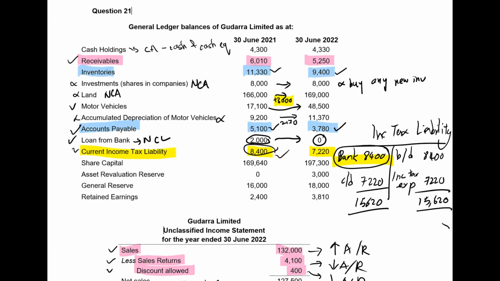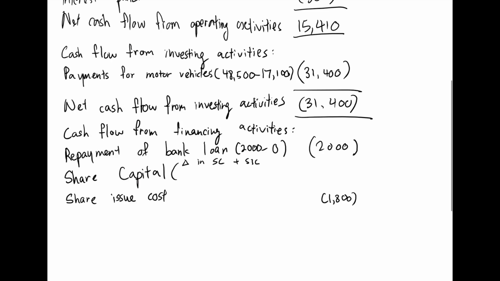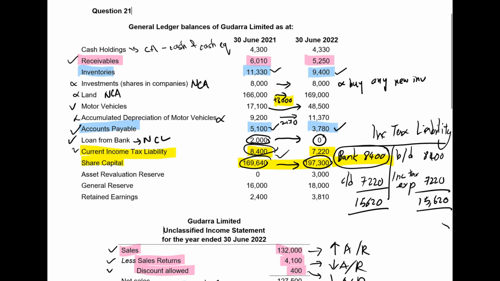Your share capital has increased by a lot. Closing balance minus opening balance. So 197,300 minus your opening balance, which is 169,640.